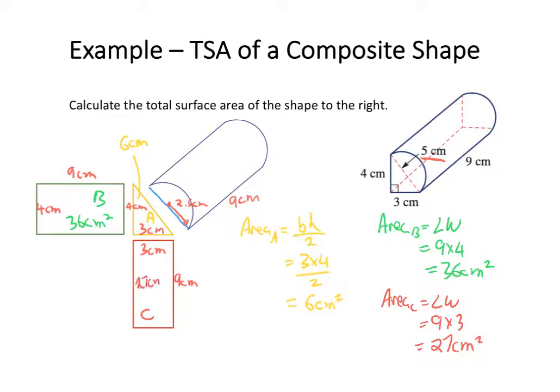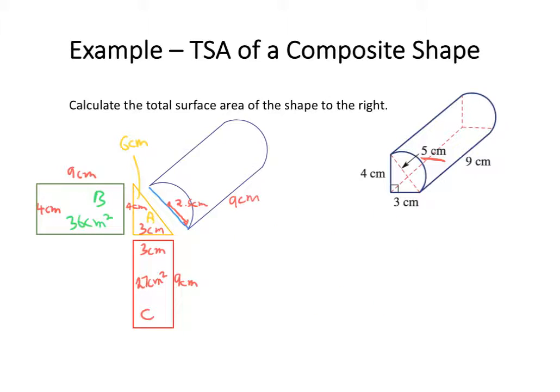So 27 centimeters squared. That leaves me now with the half cylinder to calculate the area of that component. To calculate the area of my half cylinder, which includes half of my circular base and half of the curved side, I can use the formula for the total surface area of a cylinder and then divide it by 2.